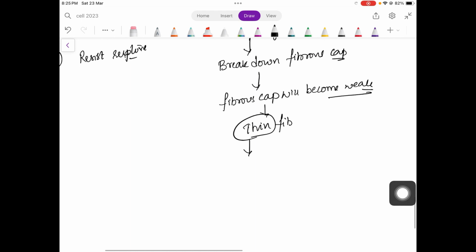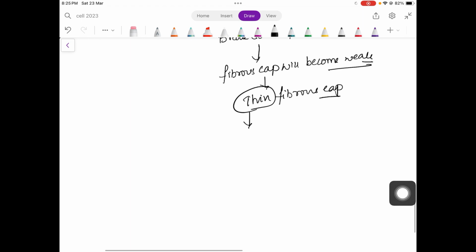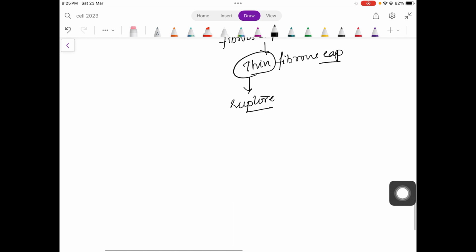So the thin fibrous cap will rupture. This is a cap, and here are the foam cells. This is a thick fibrous cap.